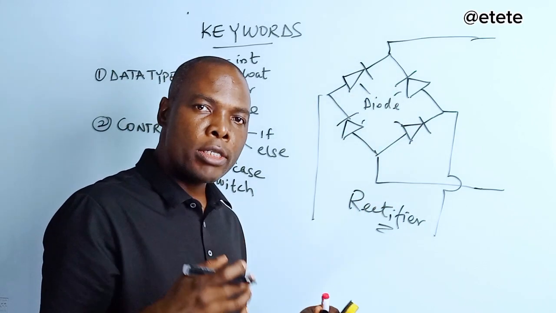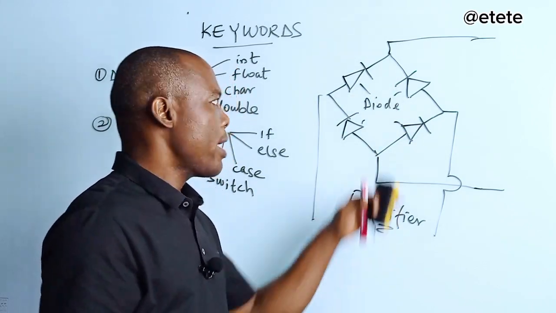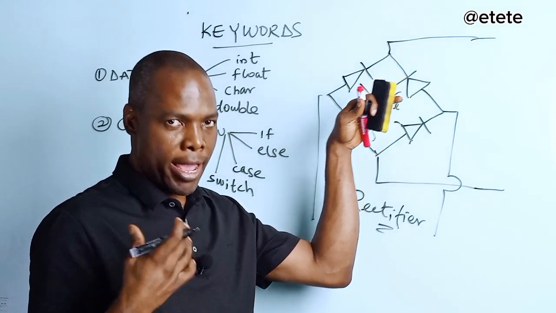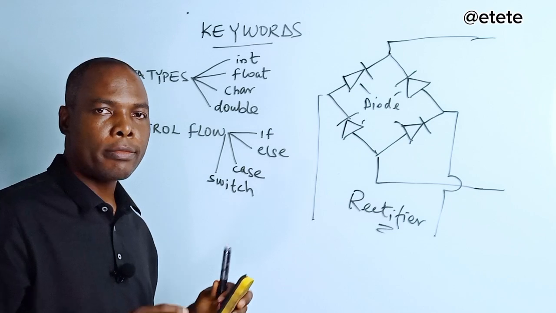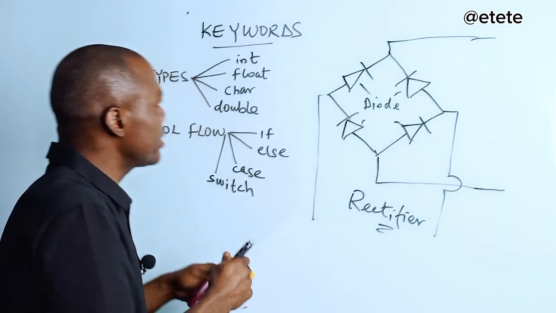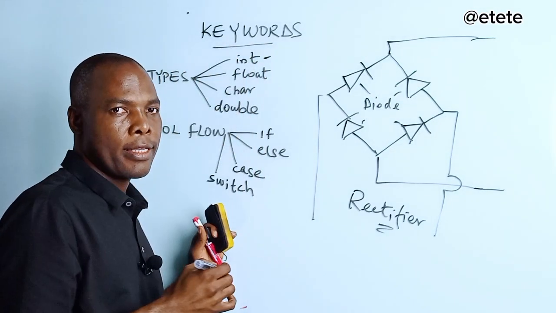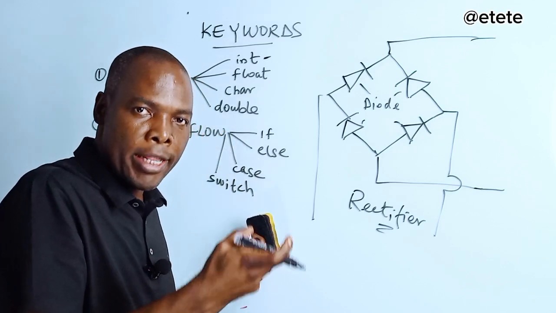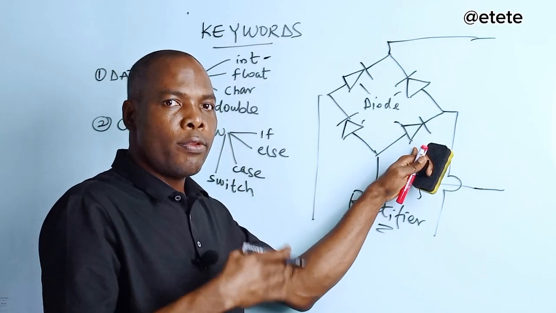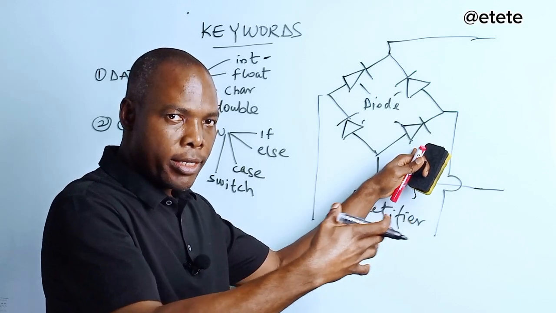So in electronics, the moment I say rectifier, I have this image in my head. The same thing happens in C. When they are creating this, it is designed to allow the flow of energy. This one allows the flow of electricity, right?